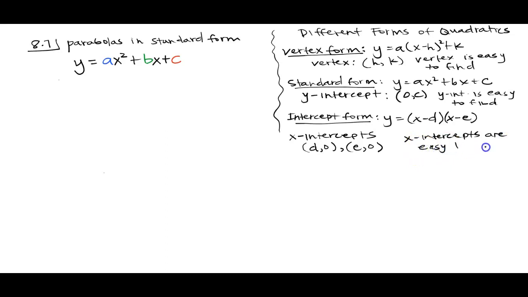Now you can find all of those things in the different forms, but we can't look at the standard form and just pick out what the vertex is. The vertex is a really important part of the parabola because it's the turnaround point.